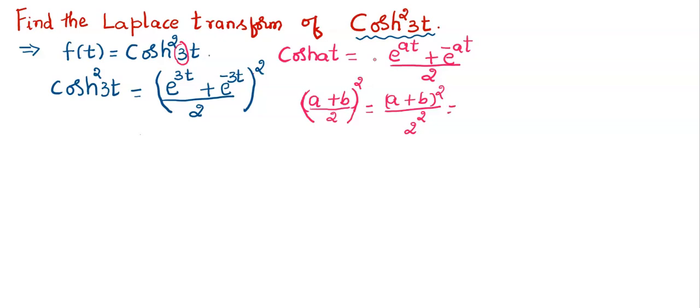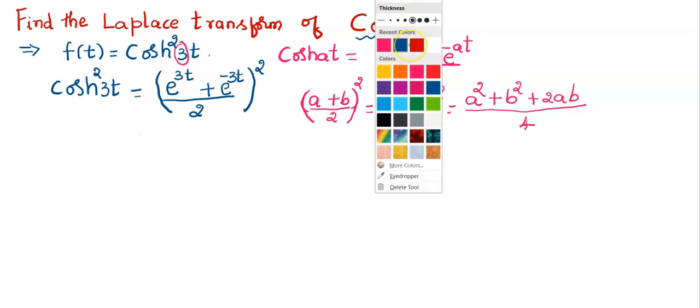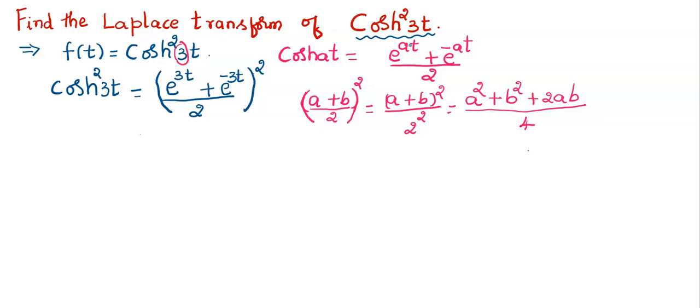We know that the a plus b whole square formula is a square plus b square plus 2ab, divided by 2 square, which is 4. Now, let me adopt the formula for the given function. Instead of a, we have 3t here. Instead of b, we have minus 3t.